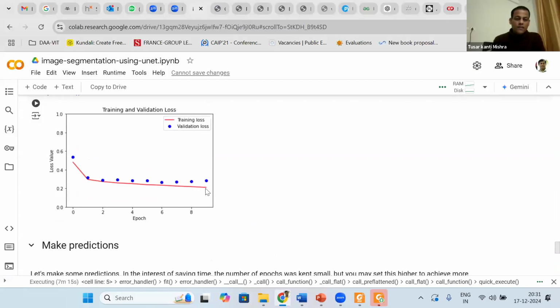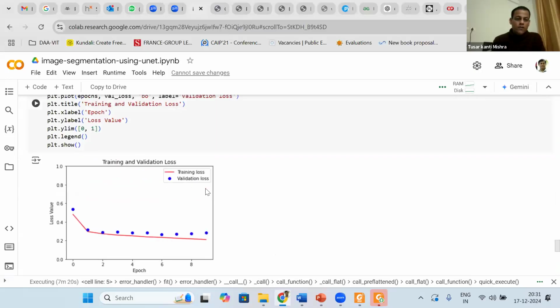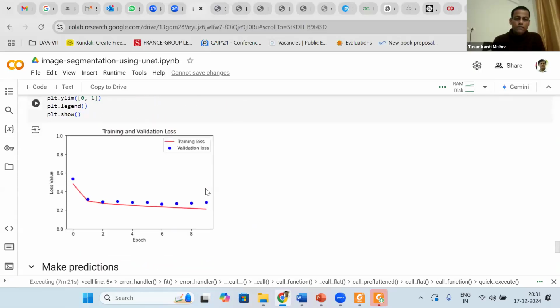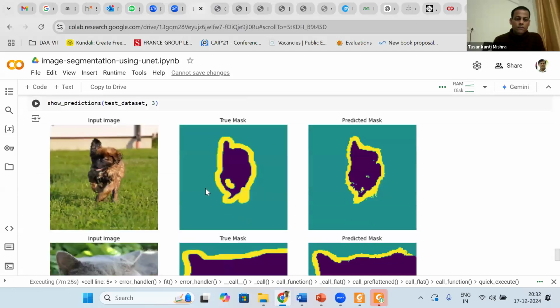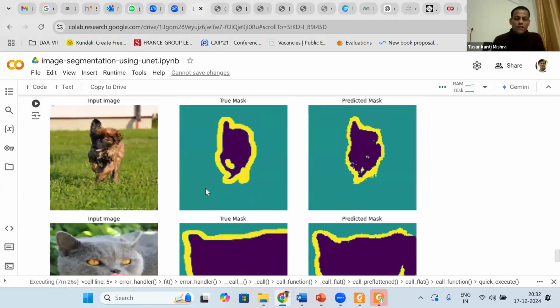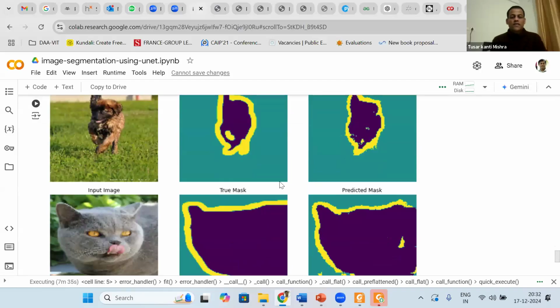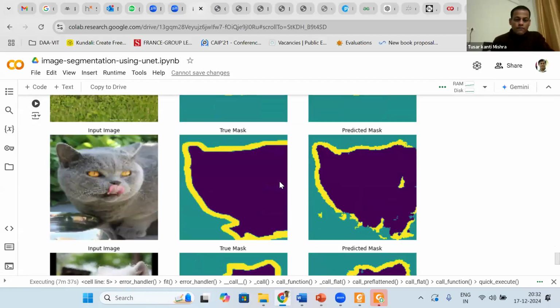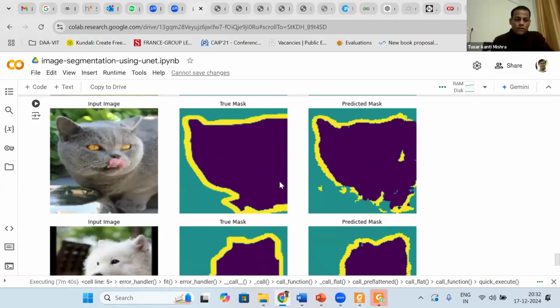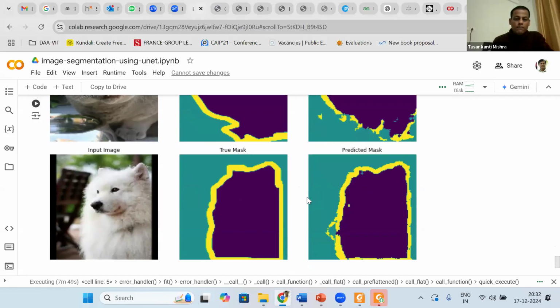That means there are chances the accuracy may further increase. There you can see the true mask and predicted mask, the similarity; still some disturbance persists. For this second input image, there's not that much big difference between the true mask and predicted mask. The third one as well.